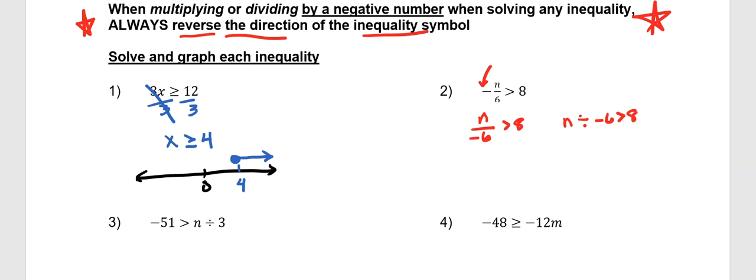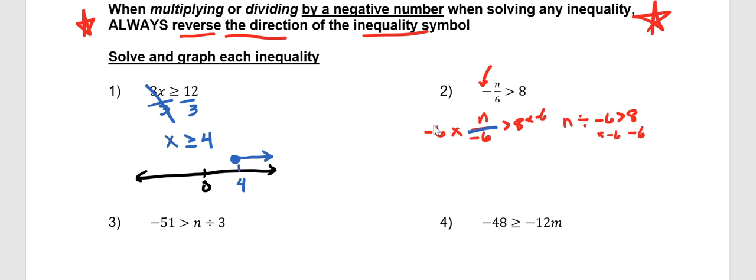Okay, but what we can see right away is we're dividing by a negative, so we're going to have to undo that by multiplying by a negative. So we're going to multiply by negative 6 on both sides. I could even do it the way I have it written over here, multiply by negative 6 on both sides.